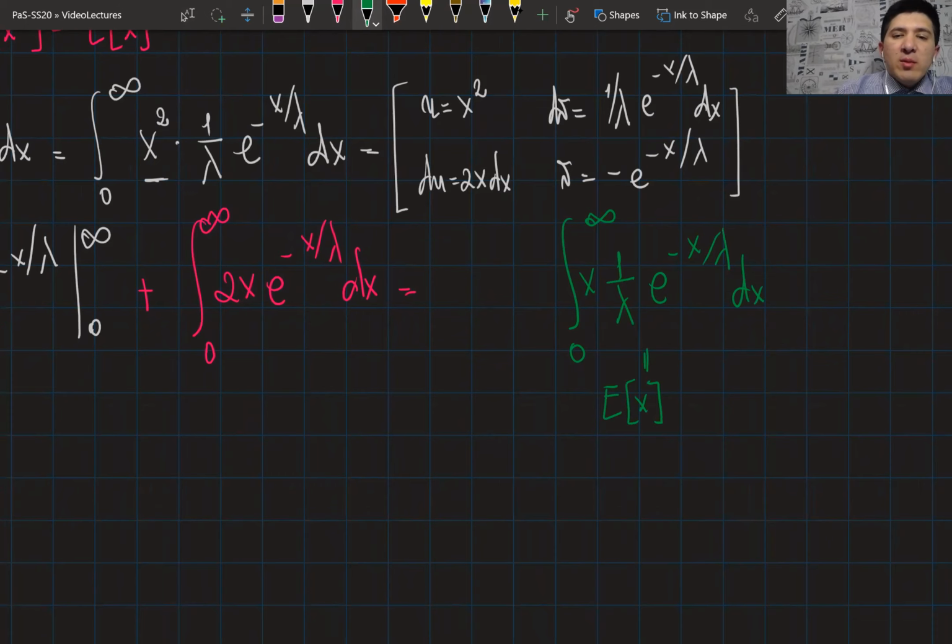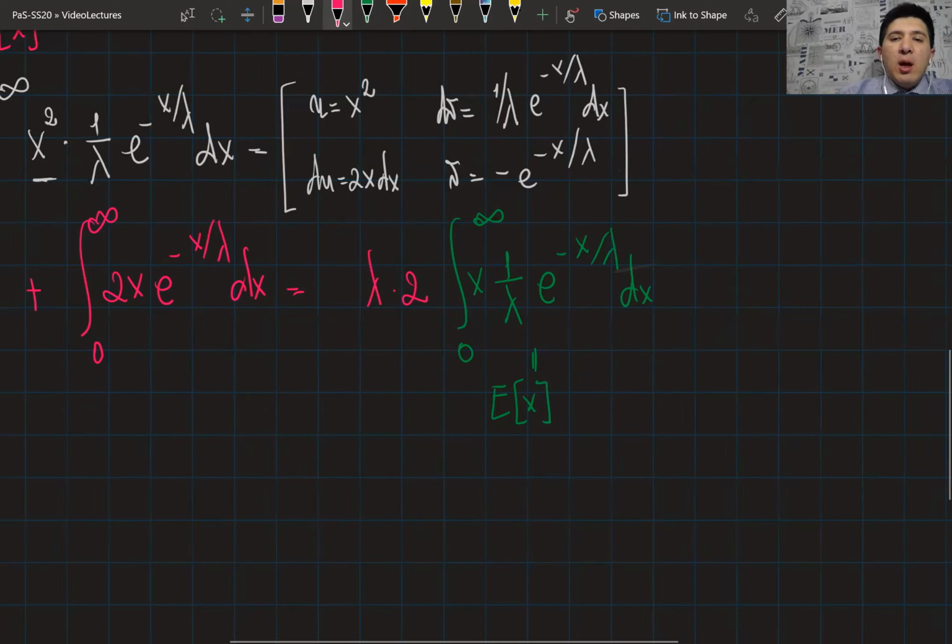So to bring our integral to this form, I still have to multiply it by lambda, and also by the 2. If I multiply the integral by 2 lambda, I get exactly this one, which is E of x, equal to lambda.